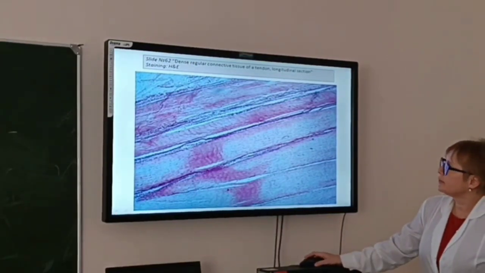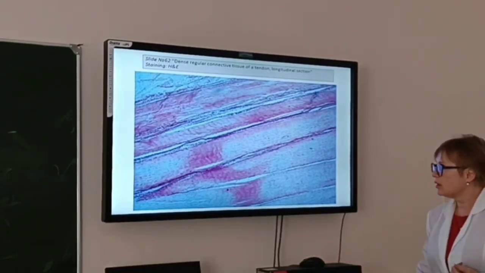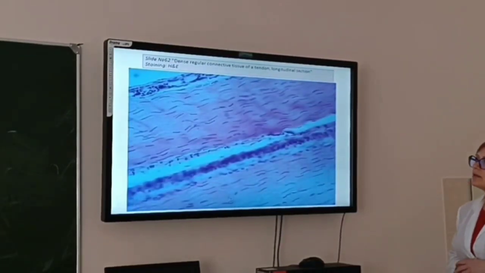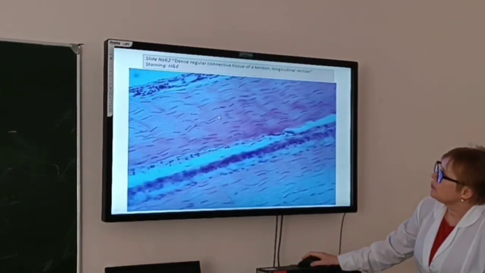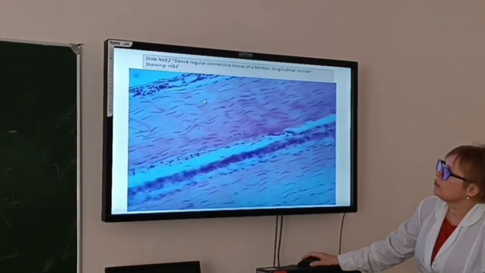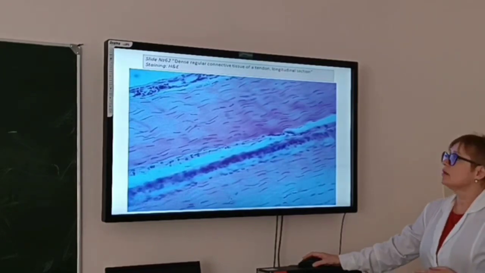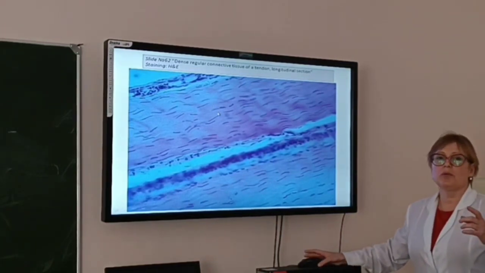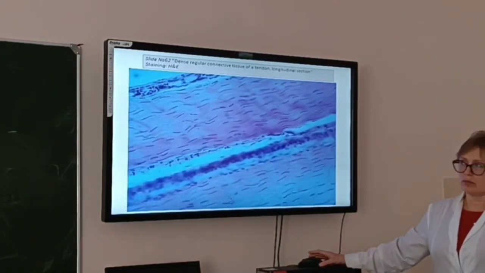The tendon on the cross section has features of organization. Our task is to consider the organization of the tendon. For example, from this photo we can see flattened nuclei that belong to fibroblasts. Fibroblasts here we name tendocytes. And the bundles of collagen fibers between adjacent fibroblasts form bundles of the first order.